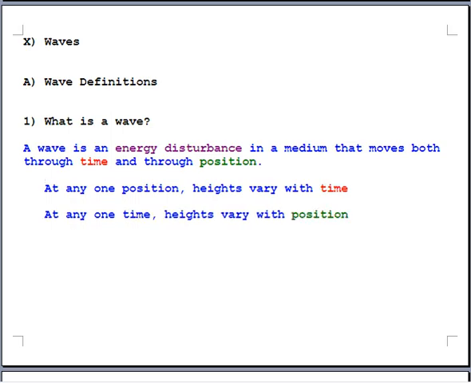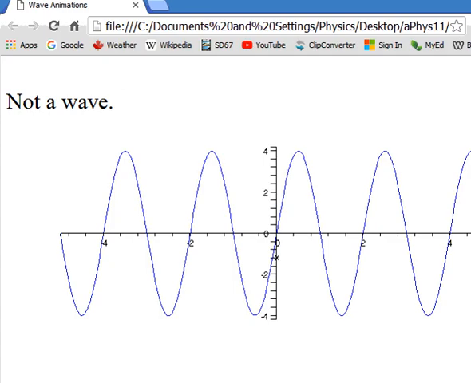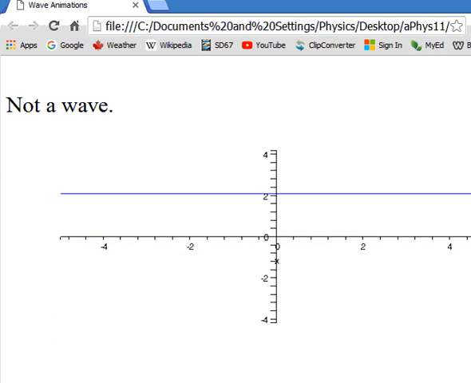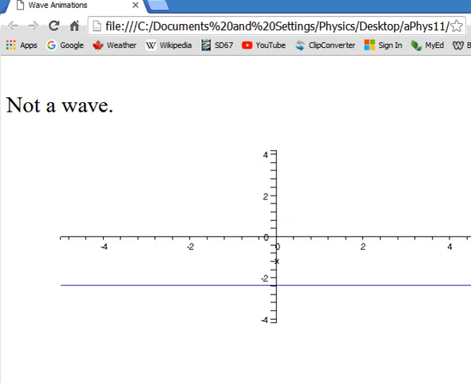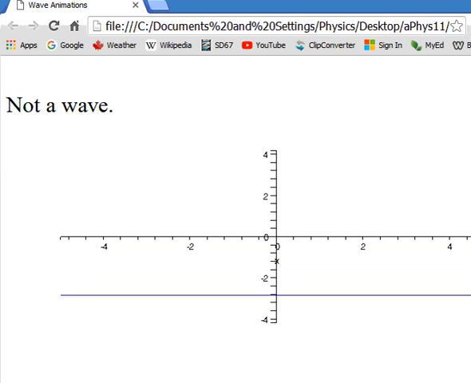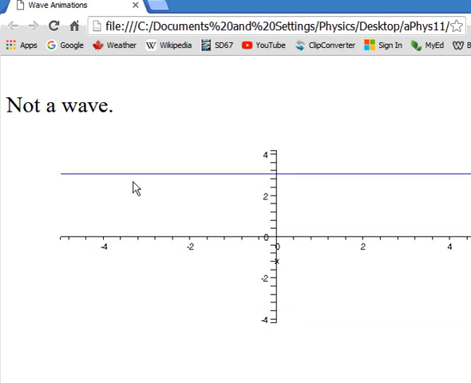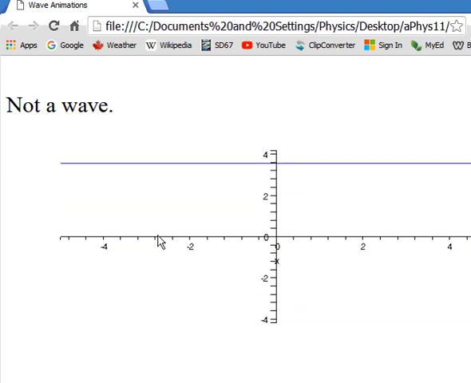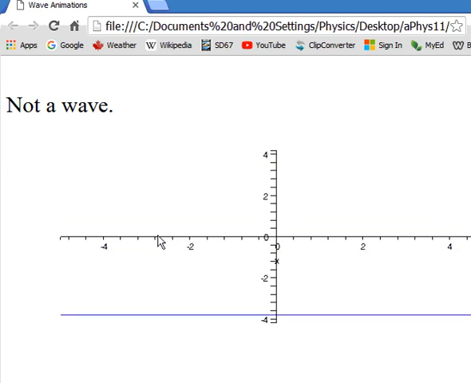We can also say at any one time, so if you do take a picture, then you have to have different heights at different positions. So if I go back to this screen, hopefully you can see that. That is also not a wave, because if you stop it at any point, if you take a picture of that, it would just be a flat line and you wouldn't have any heights that vary. So that one, it is changing through time.